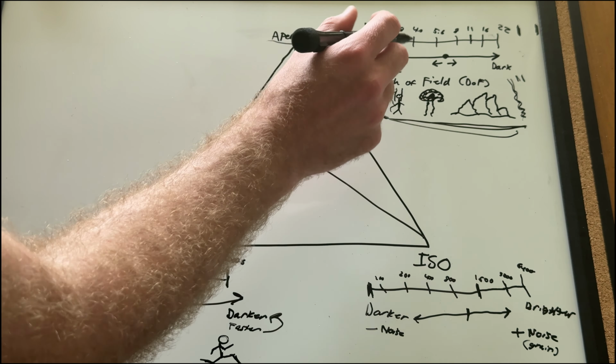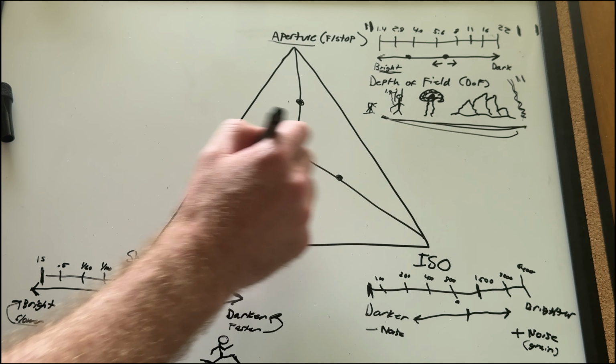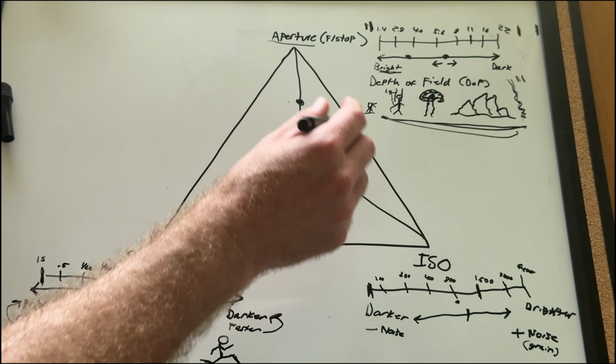Let's say you're at ISO 200. You're still too dark. You pump it up to 800 here, and now you have a proper exposure. This has you really heavy on the shutter speed, a little bit lighter on the ISO, a little bit lighter on the aperture. And those three things combine to give you a proper exposure.